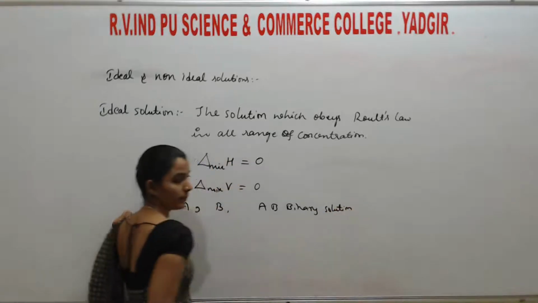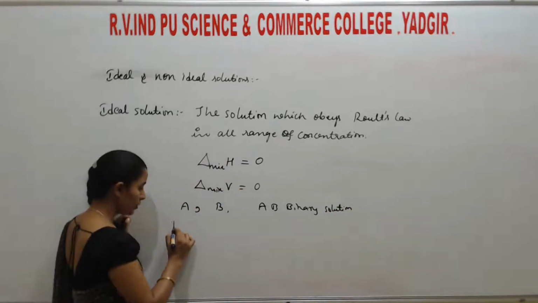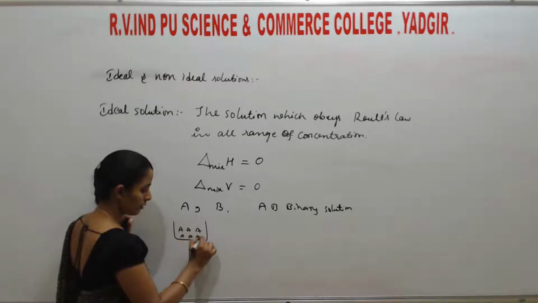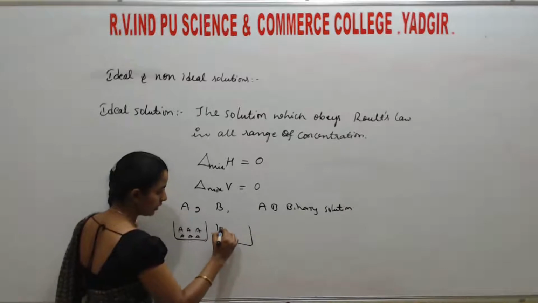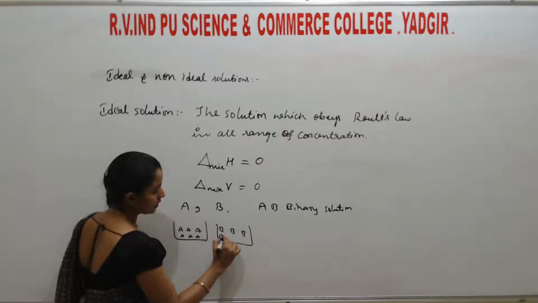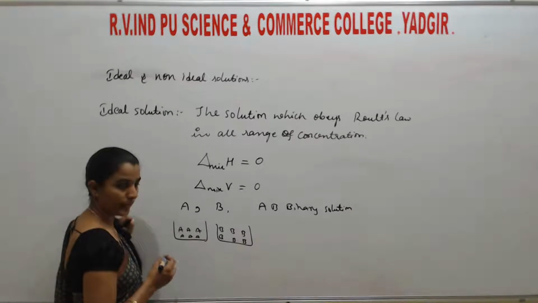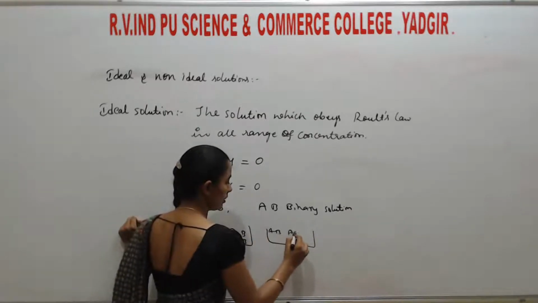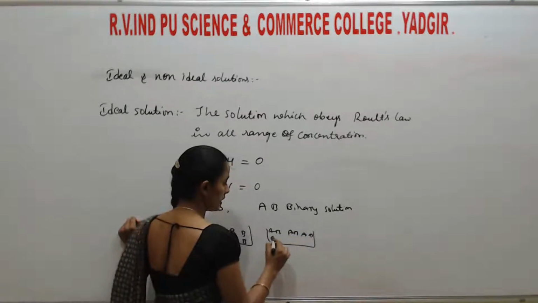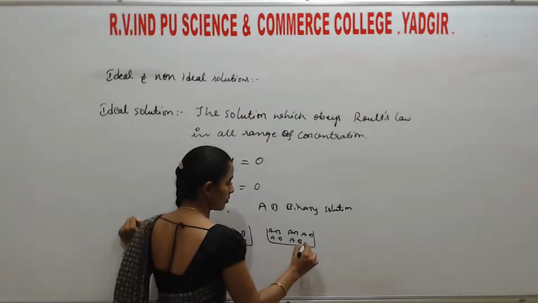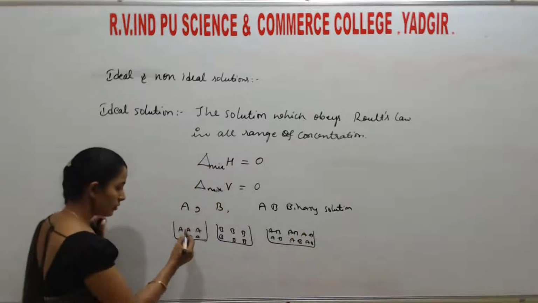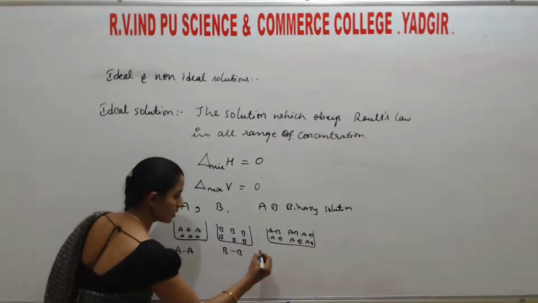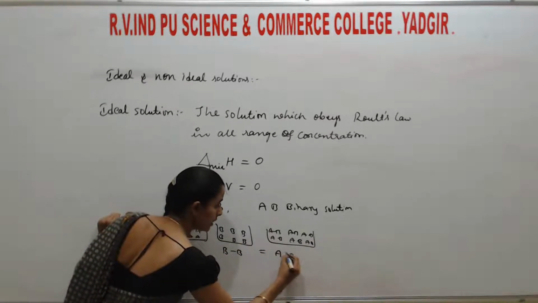In a pure solvent, all A molecules are there; in the other, B molecules are there. When mixed, they form AB type interactions. Here the AA interaction and BB interaction are equal to the AB interaction.